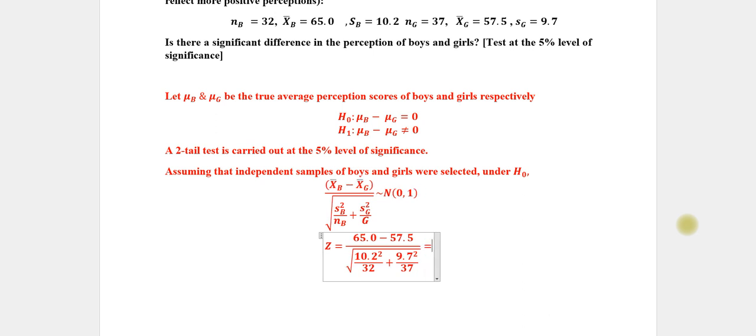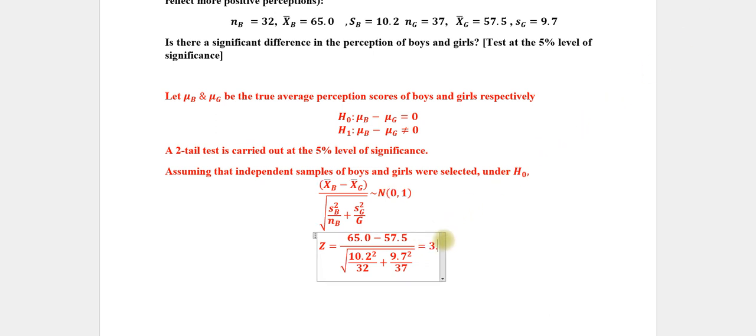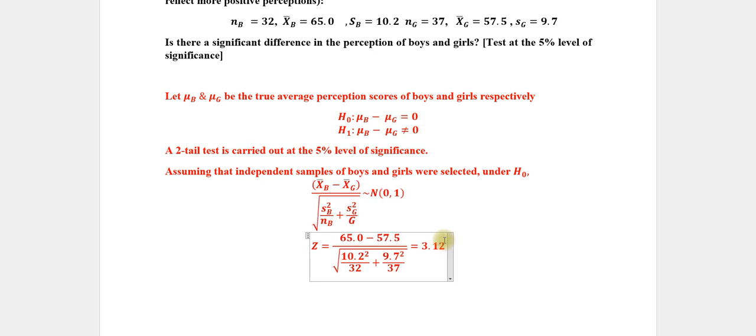And this is equal to, so again, we already see that this is a big value, so there is going to be a rejection of H note, as you will note.